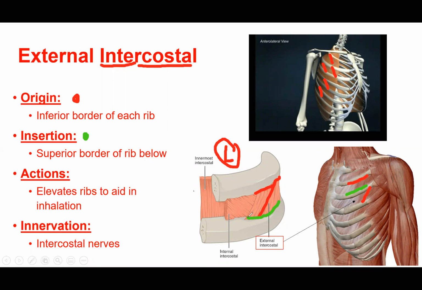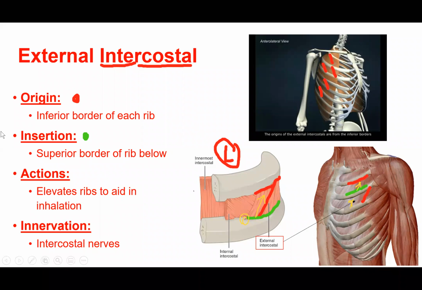Since we're inserting onto the rib below, that is the one that moves, and it moves upward. Moving upward makes the rib cage bigger. So let's see that on this video.